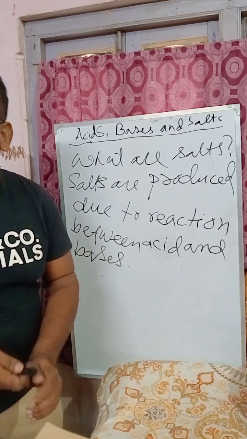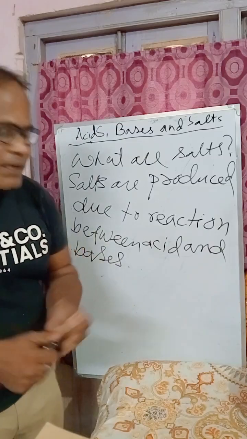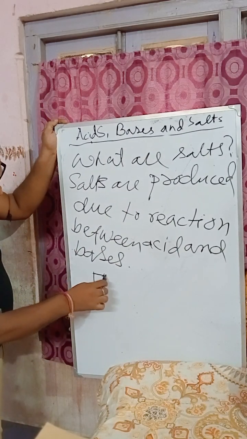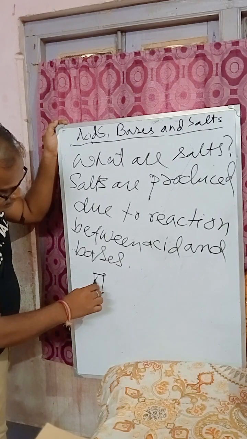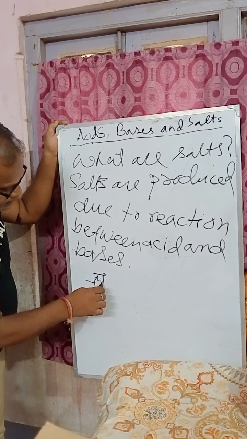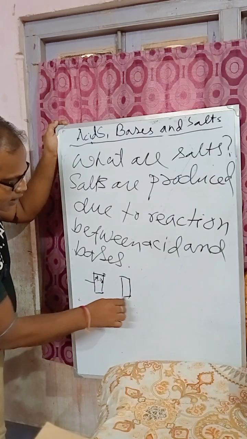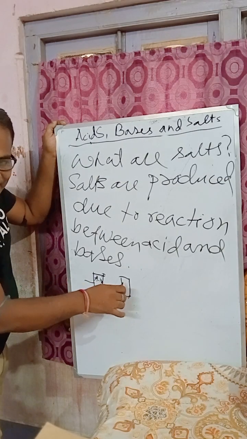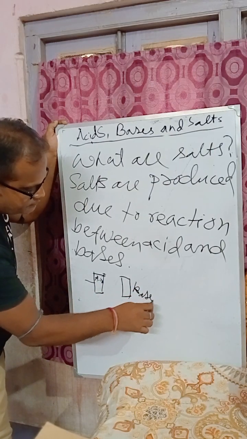If you look at the chemical properties, suppose this is a jar of acid, and here is a jar containing base.